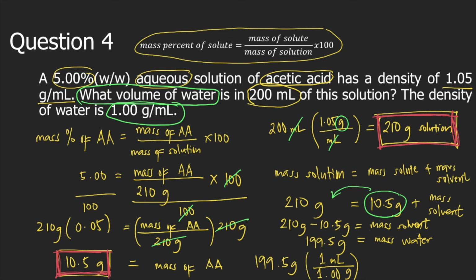So grams will cancel. We have ml of water. So 199.5 times 1, that is just 199.5 ml of water. And this is the final answer to the question.